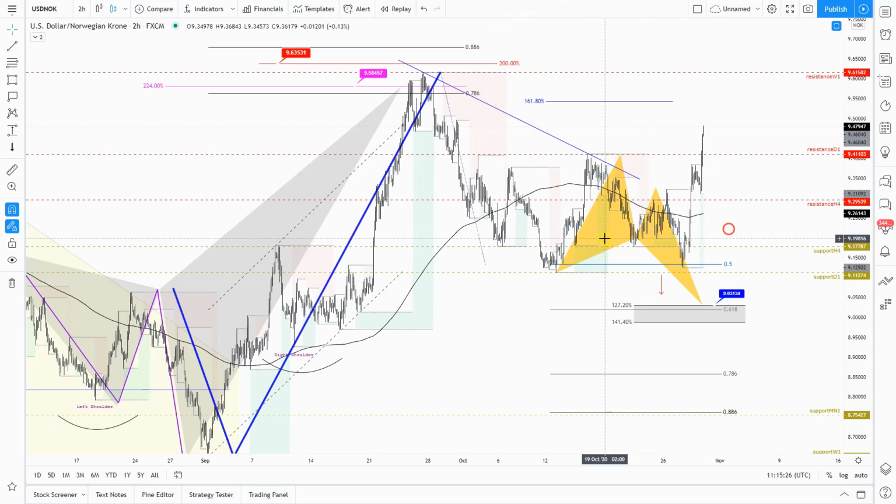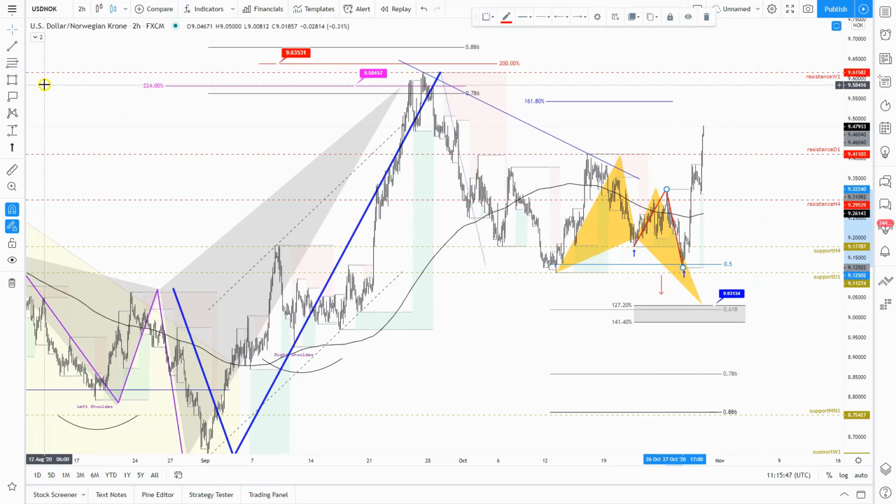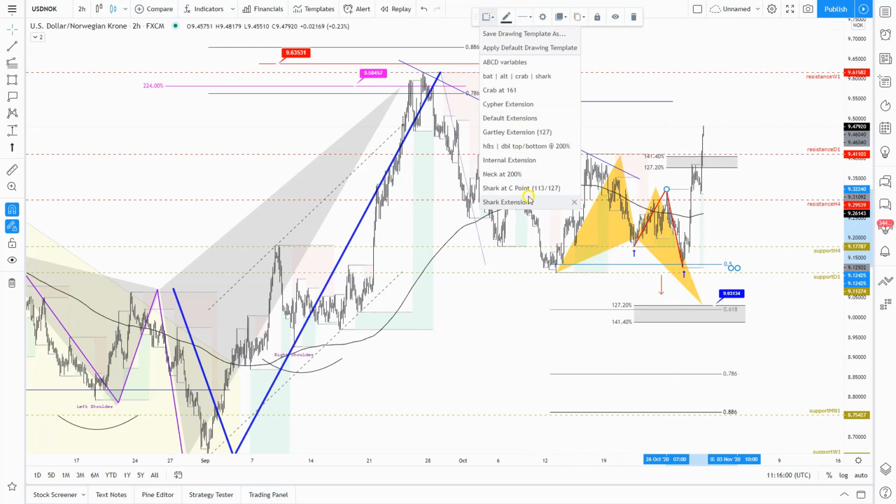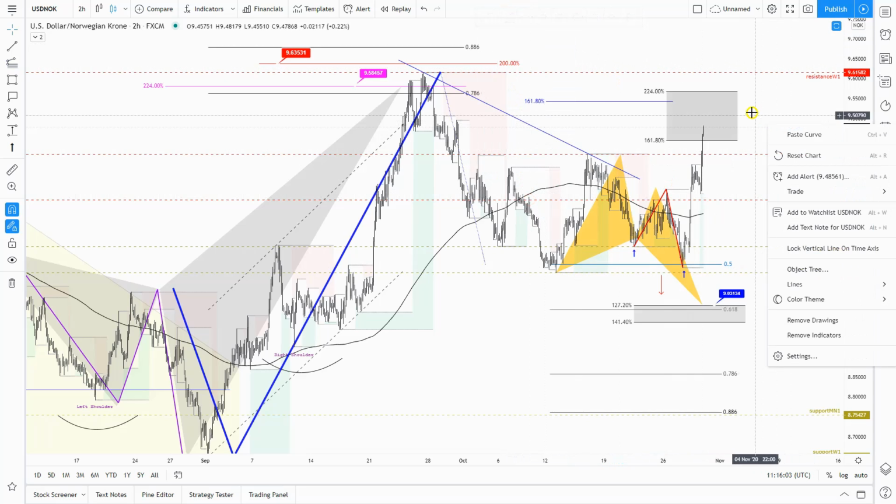let's pick this. What do we have here? Let's pick this again. We have the previous structural lows. The same exercise I made before. Extension tool. 161 to 224.